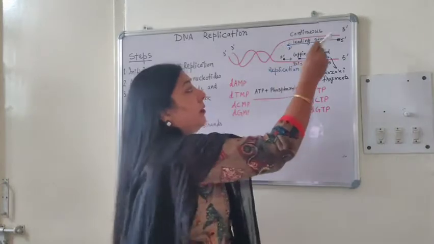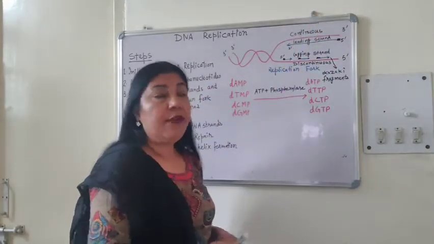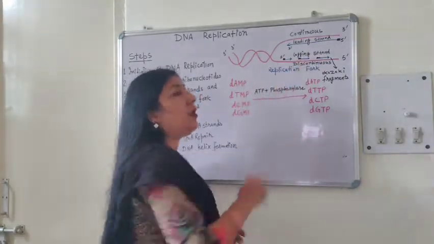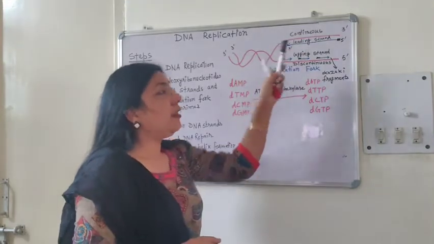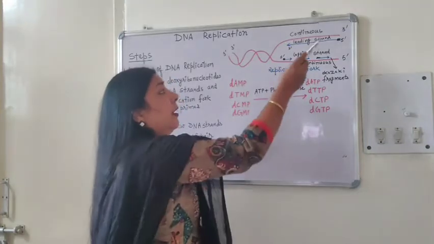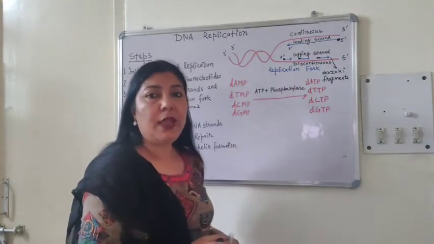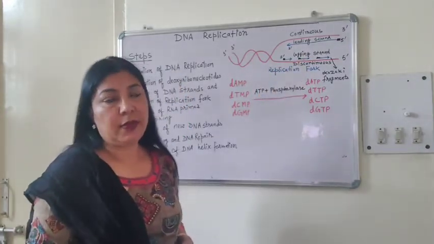Wherever on the mother strand it is 3', the formation of new strand is continuous. We say continuous synthesis of DNA strand. As a result, it forms a very fast DNA, and that strand is called the leading strand.